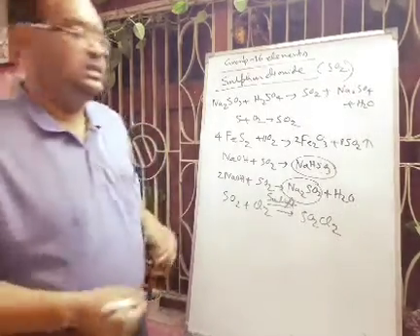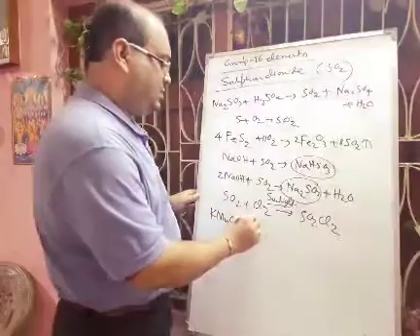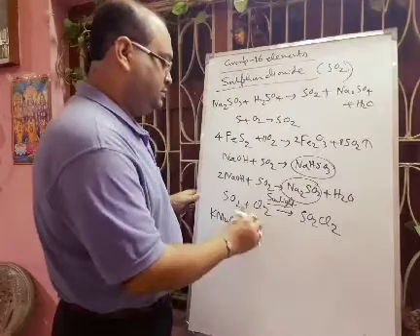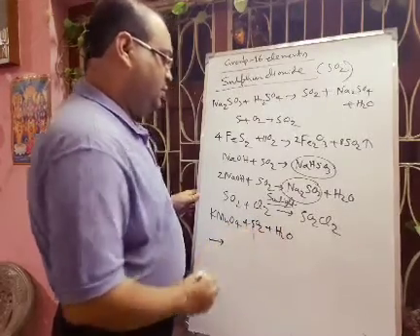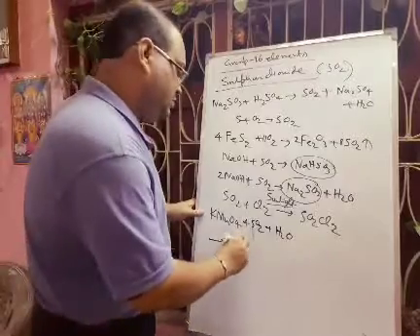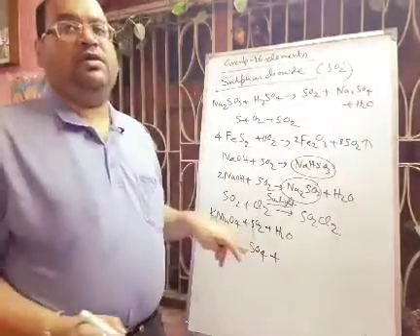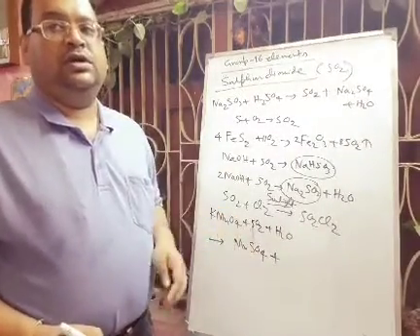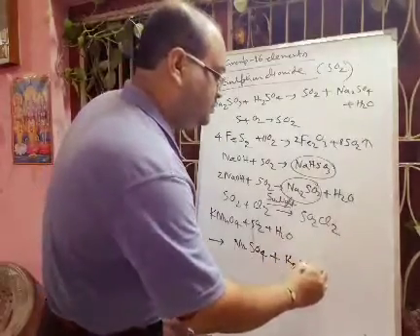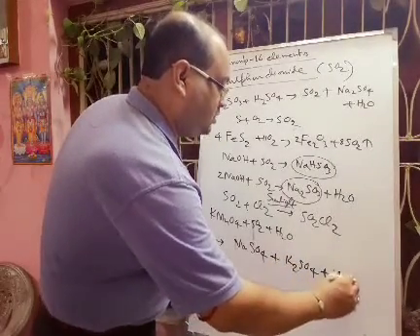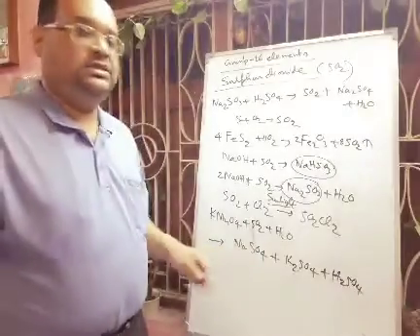KMnO4 will react with sulfur dioxide plus water, forming manganese sulfate MnSO4, potassium sulfate, and H2SO4 also. Now you have to balance this equation.